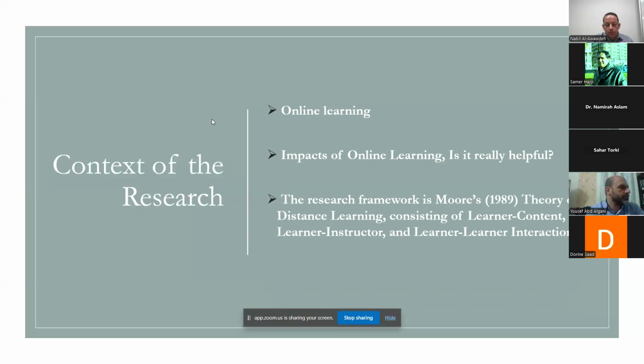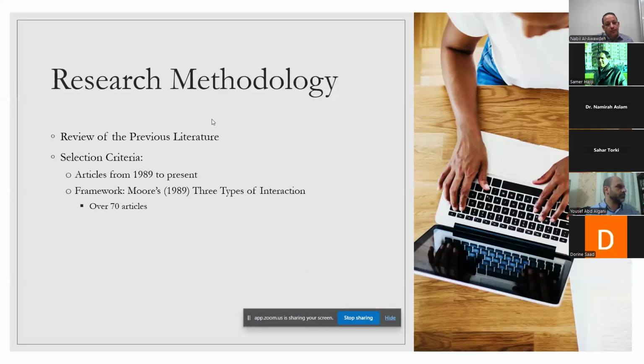The framework of this research is based on Moore's theory of distance learning, which consists of three types of interaction: learner-content, learner-instructor, and learner-learner. The research methodology is a literature review, and I analyzed over 70 articles.